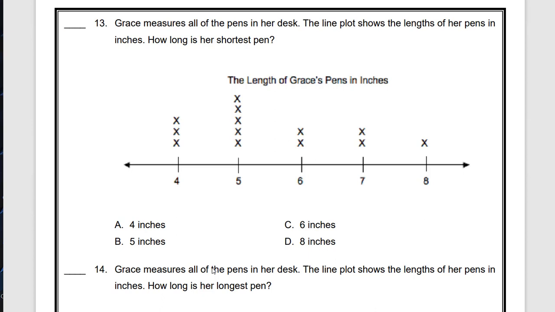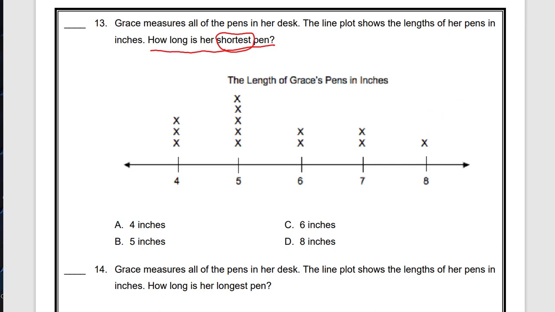Measures all pens in her desk. The line plot shows the length of her pens in inches. How long is her shortest pen? 8. The shortest. This one is the shortest? Yes.